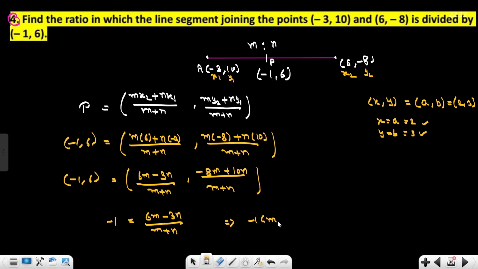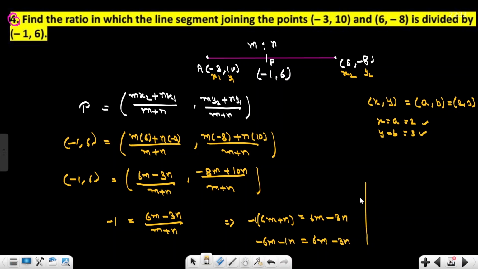-1 into (m plus n) is equal to 6m minus 3n. -1 multiply with 6 is -6m, -1 multiply with n is -1n, equal to 6m minus 3n.